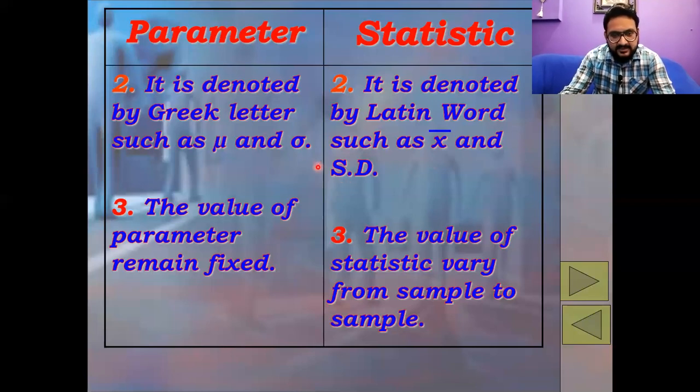In the second point, both have a mean and standard deviation, but for the parameter we use the Greek letters mu and sigma, while in statistics the mean is x bar and the standard deviation is SD. Okay, is this clear?